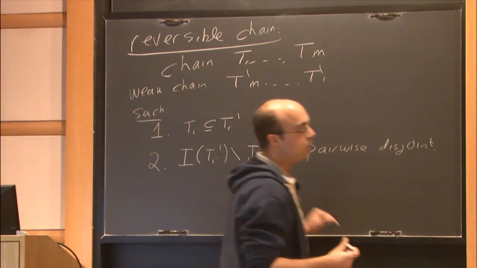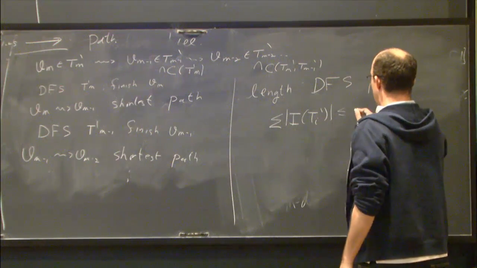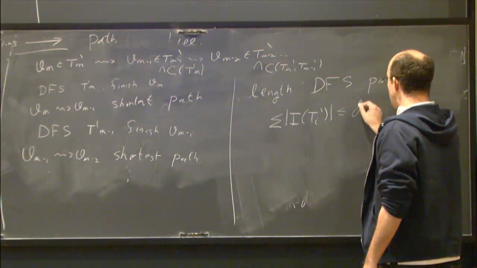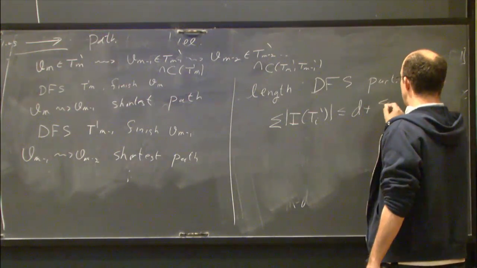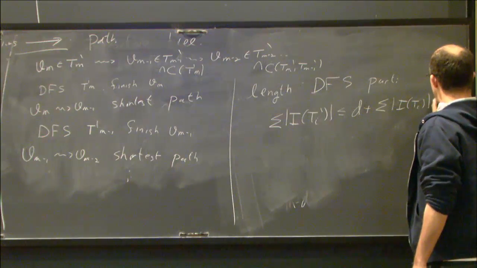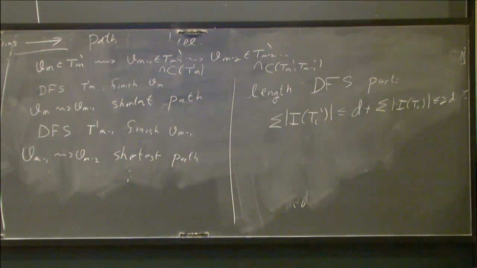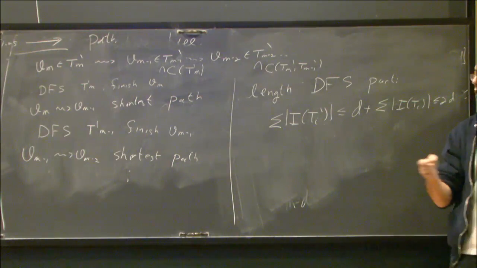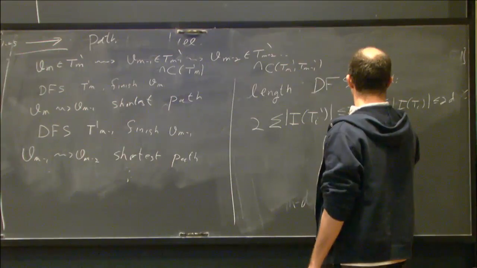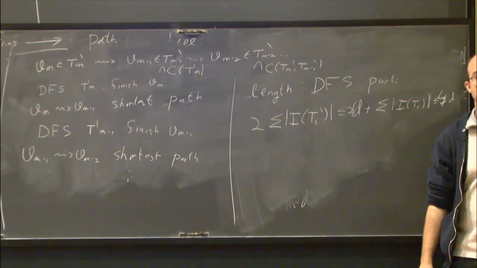So this is at most, up to some constant like 2 or 3, d plus the sum of the lengths of Ti, but these are disjoint. So this is 2d. This is just the number of directions that we explore, and you go through every one twice, so it's like twice that, and this will give you 4. Anyways, up to some constants. Okay, so this part is fine.